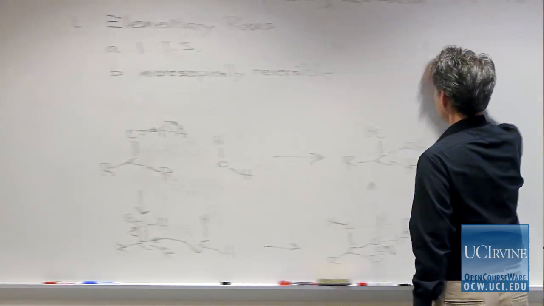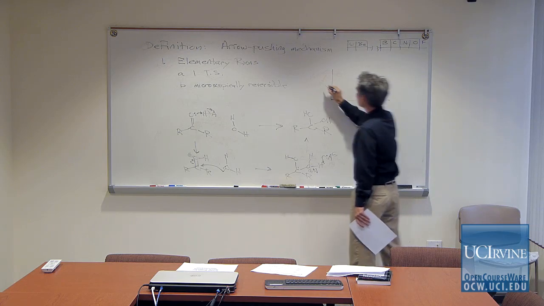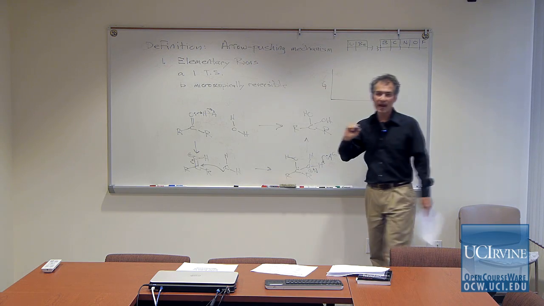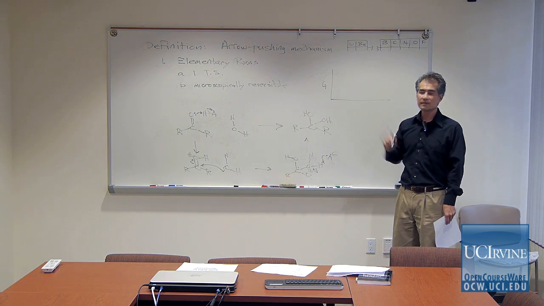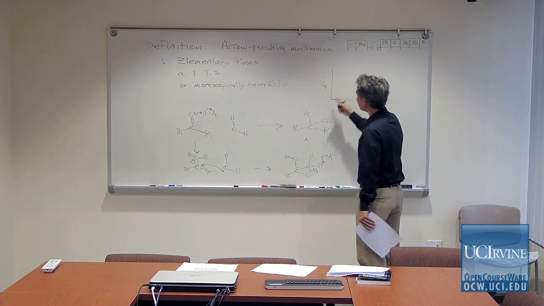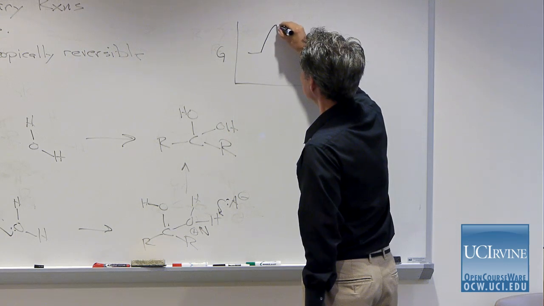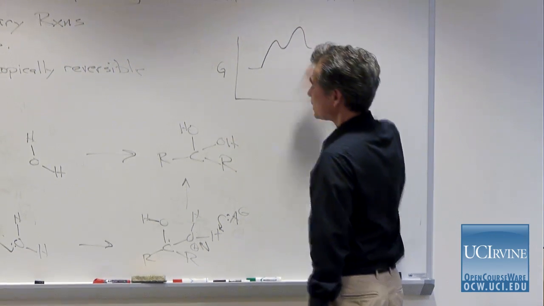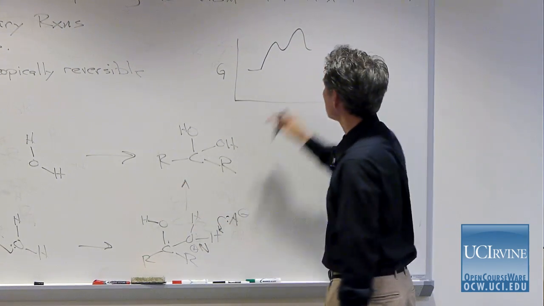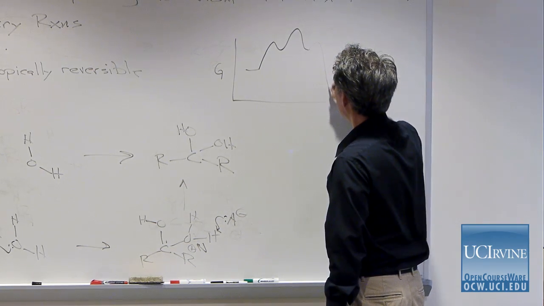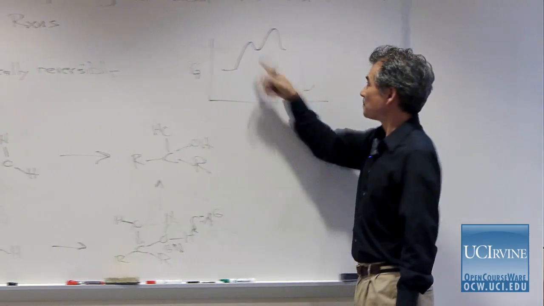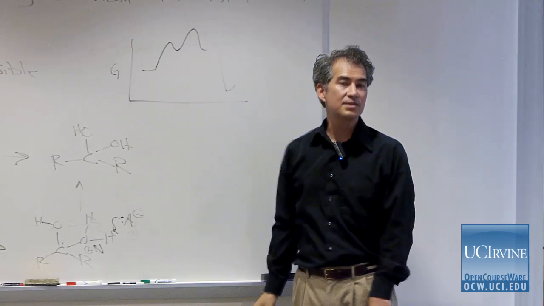What these two things mean in practice is that if I look at a free energy diagram, a reaction coordinate diagram for this reaction, I should have a series of hills and valleys that has two intermediates. I've got two intermediates in my mechanism, and three hills that would represent transition states.